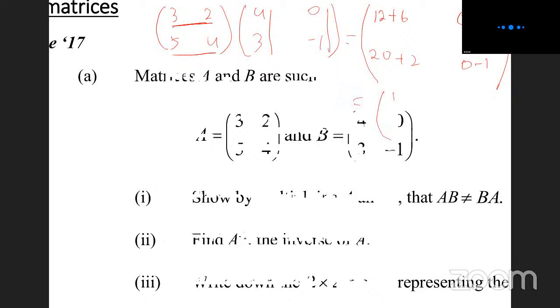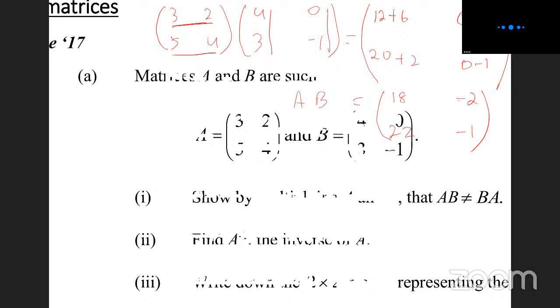So we ended up with 18 minus 2, 32 minus 4. Okay, that is A by B.